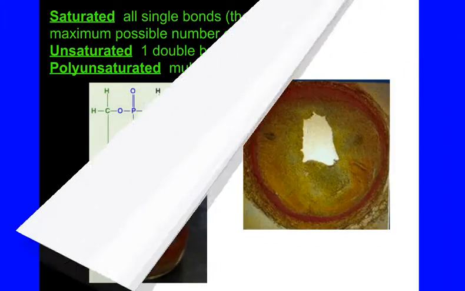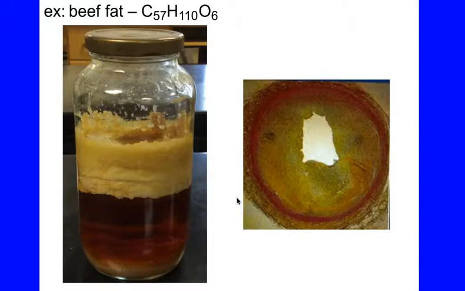Now, we're talking about saturated and unsaturated fat. We also need to keep in mind that saturated fat is usually going to be solid at room temperature. So this is a jar of beef fat.